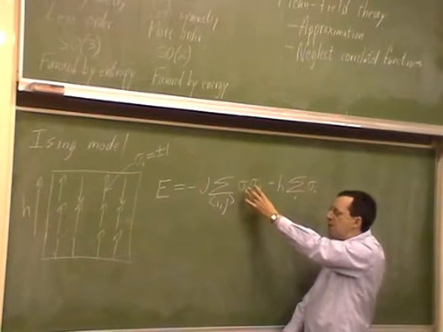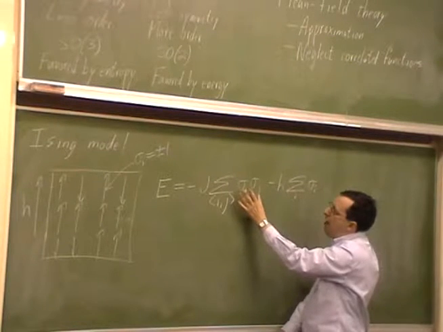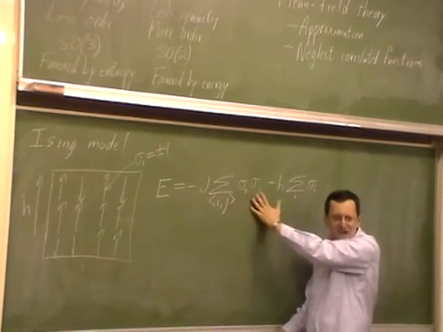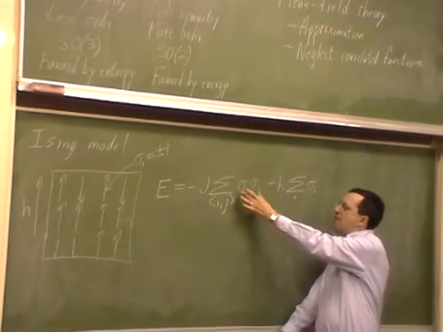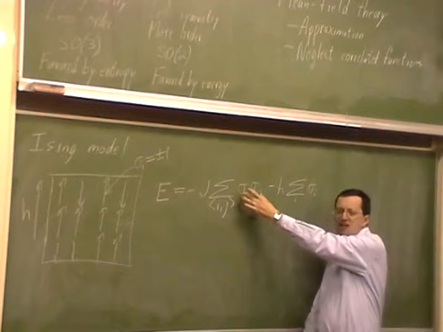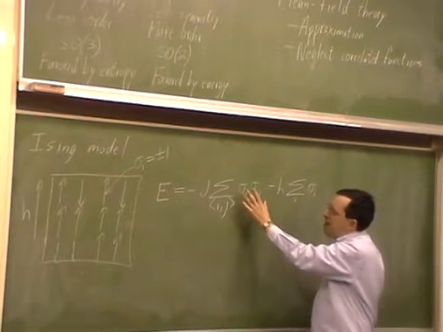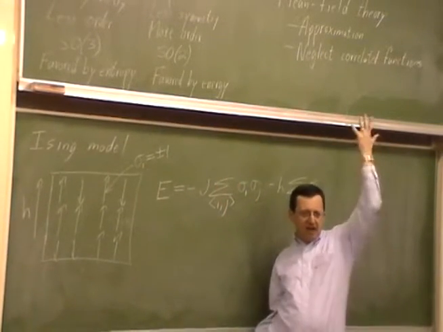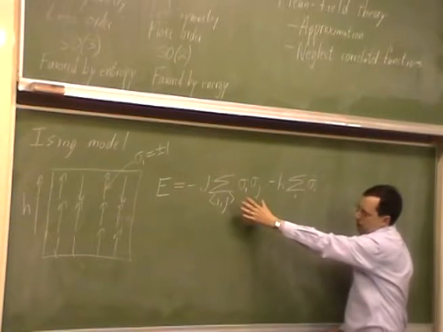If they are both plus 1 or both minus 1, then this product is going to be 1, and so you get an energy of negative J, right, which is good. But if they are opposite to each other, if one is plus 1 and the other is negative 1, then they multiply to give negative 1, and that makes an energy of plus J, which is a high energy. It's bad. Okay, so that's the interaction term.